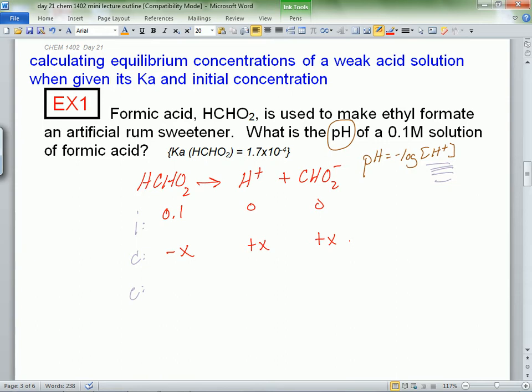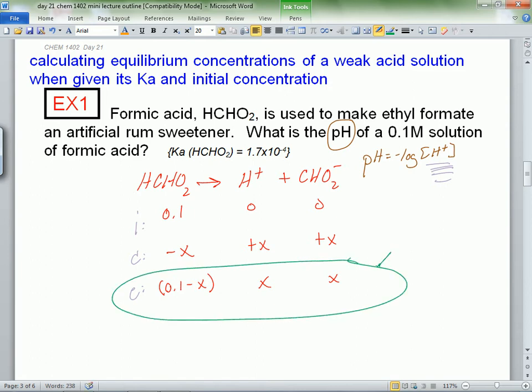And Maria, now what do you do? 0.1 minus x and x and x. Okay. So at equilibrium, here's all of our answers. Right? Those are all of our equilibrium concentrations.